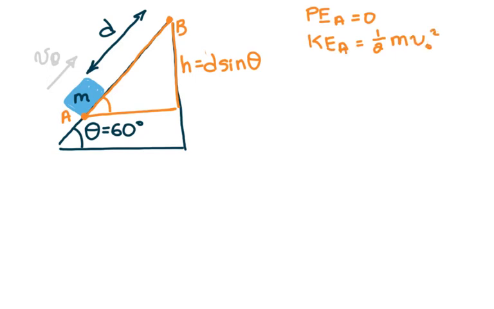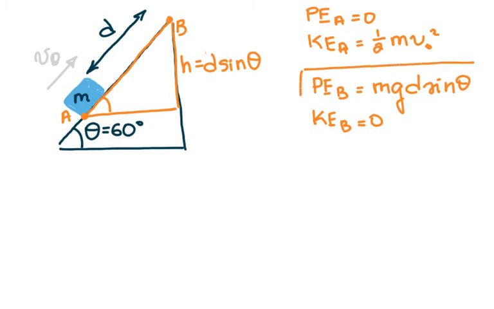Because the block stops all the way at the top, I have potential energy at B is equal to mg, and the height it travels to is d sine theta. And the kinetic energy at B is going to be equal to 0 because it stops.